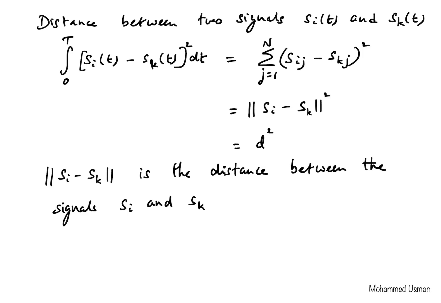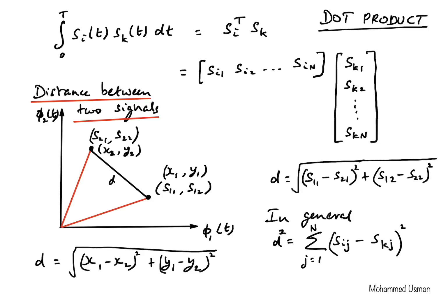So far we have done up to the computation of the distance between two signals, and likewise we can compute the angle between two signals. If we have two signals like this, say this is our signal S1 and that's our signal S2, there is some angle between those two signals.